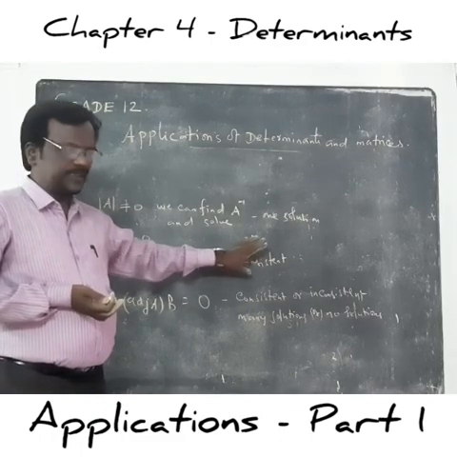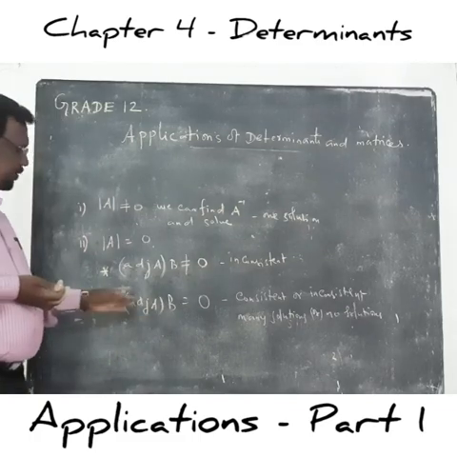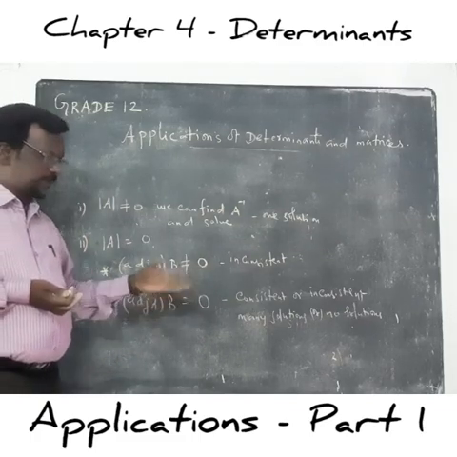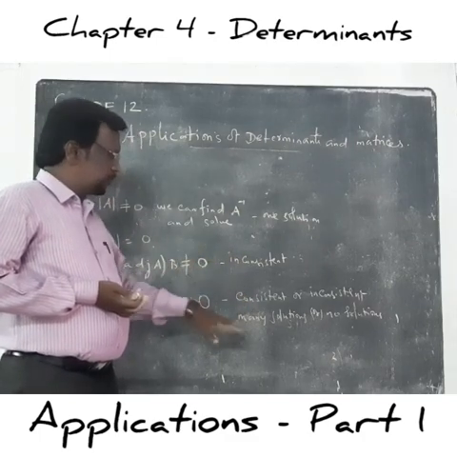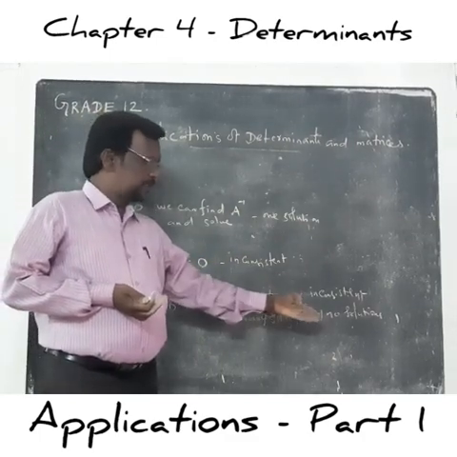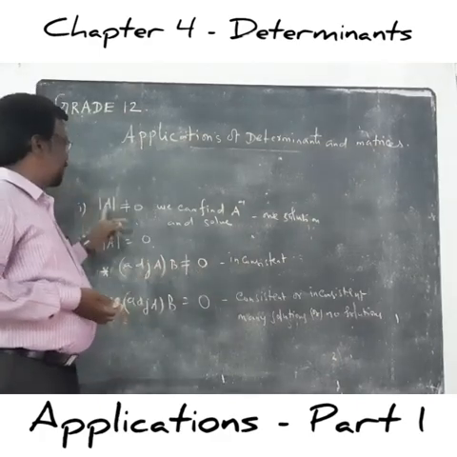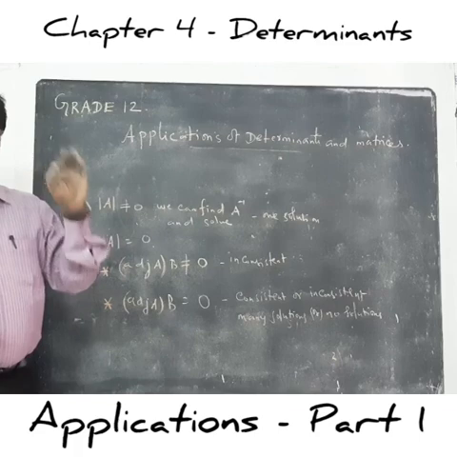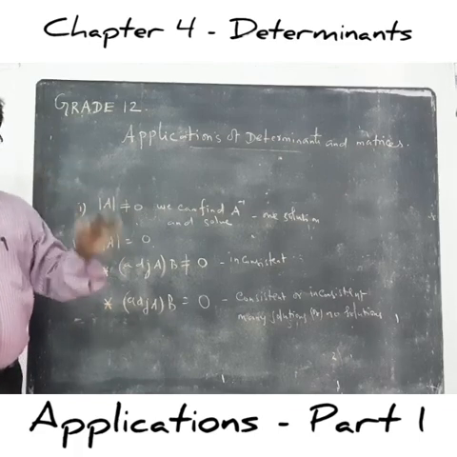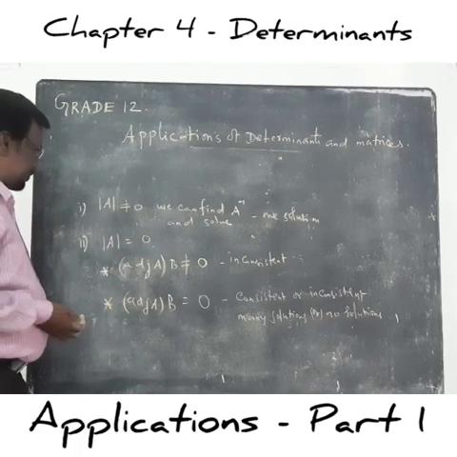That means the system is inconsistent. Suppose adj A into B is equal to 0, the system may be consistent or inconsistent. It may have many solutions or no solution. But if the determinant value of A is not equal to 0, it has one solution. That means we can find the solution using the A inverse matrix, right?